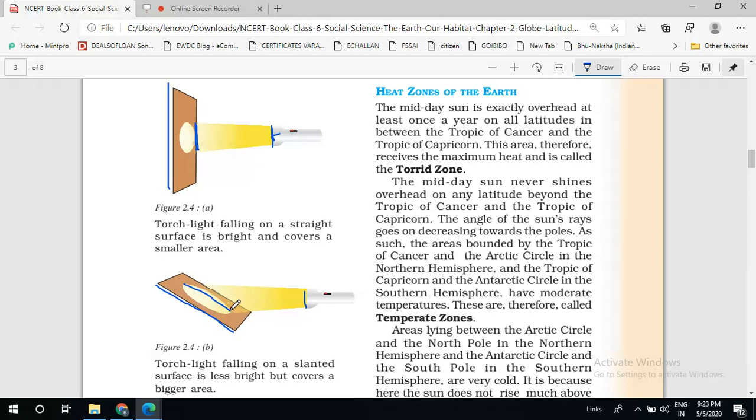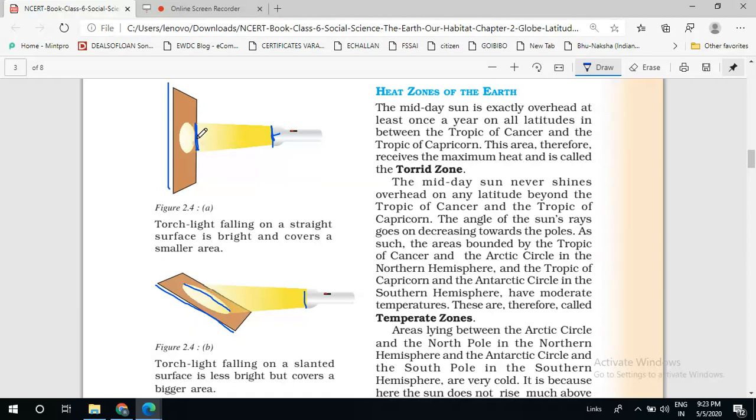So the amount of light and heat will be lesser in this area because the area is large. And in this area, the amount of light and heat will be more.